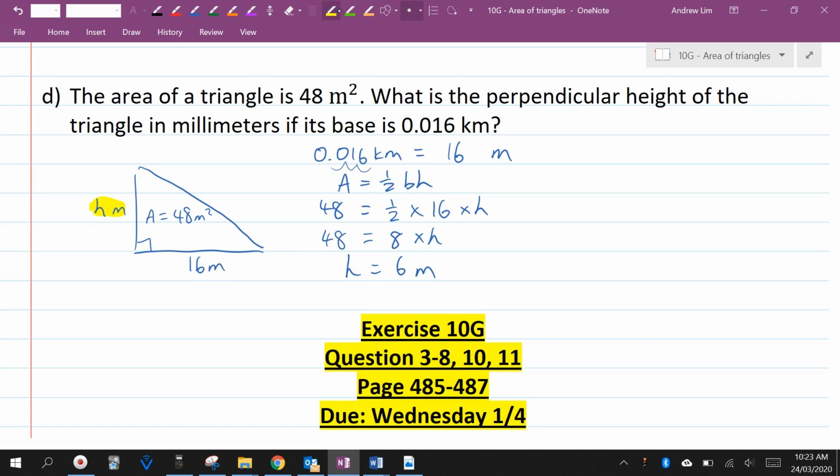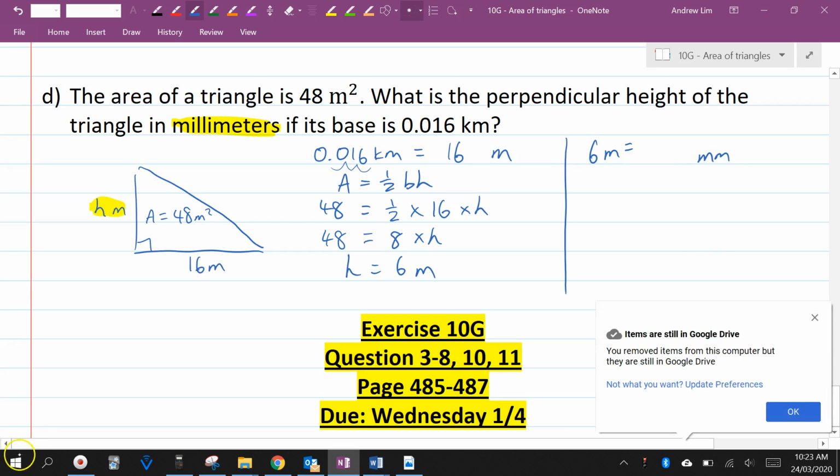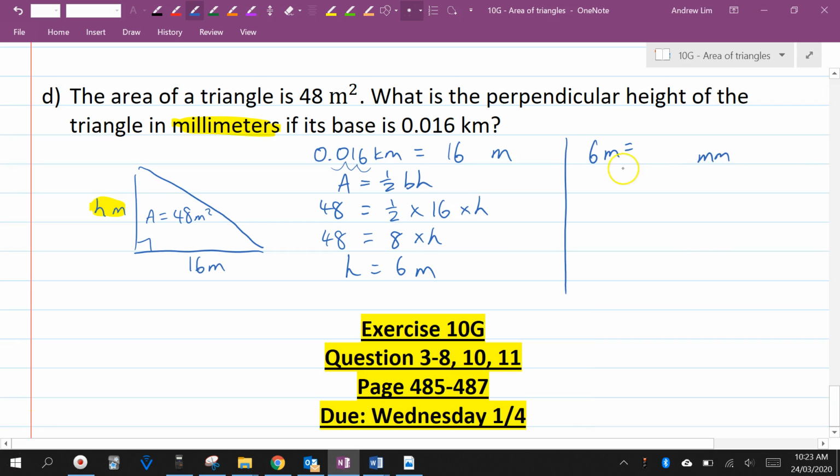However, the question says, what is the perpendicular height of the triangle in millimeters? So now we know what the height is. All we need to do is convert 6 meters into millimeters. Well, here we've got meters to millimeters. It's getting smaller, from big to small.